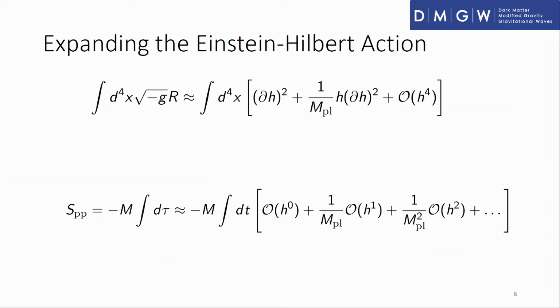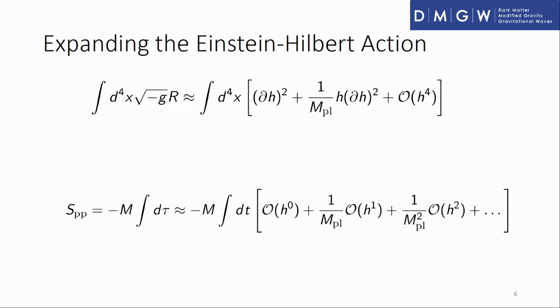So just to give you a little bit of a teaser of how this looks in practice, what you would do in vanilla GR is take your Einstein-Hilbert action and expand it around flat space. Then you would get this expansion here where h denotes the metric perturbations. You have a quadratic term, a cubic term, a quartic term, and so on. You do the same thing for your point particle action here, where you then also get this nice expansion.